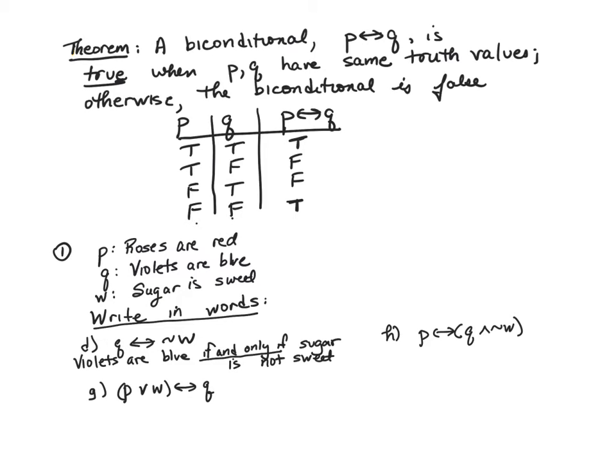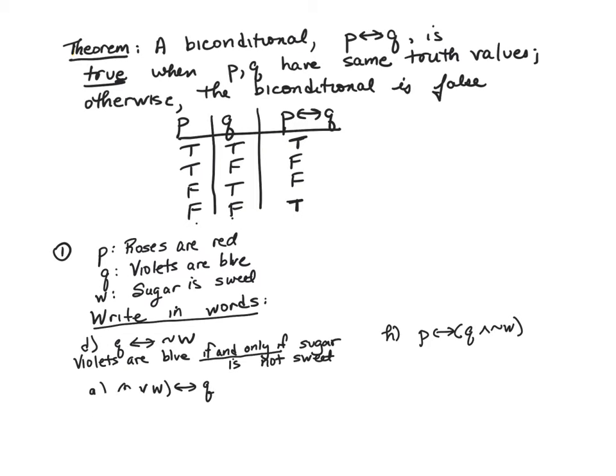In G, we would have roses are red, either, and actually let's put the word either so it implies that they go together. Either roses, let me just make this correct grammatically.